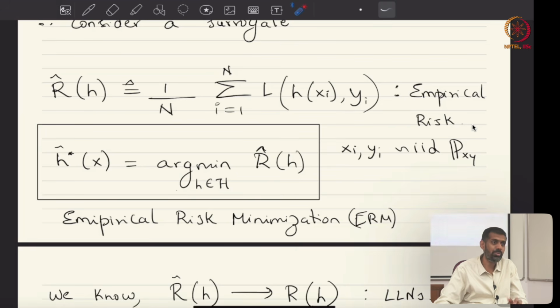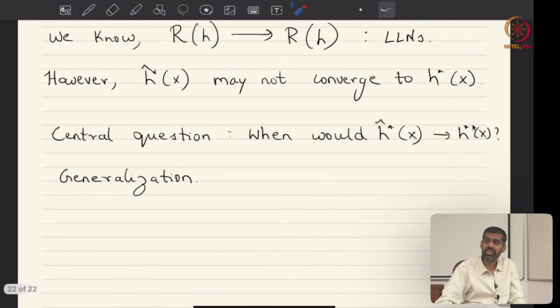It was extremely popular at one point in time because the true risk of an SVM could be very well upper bounded in terms of the number of samples in the data set and the number of parameters in the model. That's why SVM was extremely powerful, but unfortunately in today's scenario of extremely huge models with billions of parameters, it is very hard to come up with these kinds of bounds. These are called generalization bounds.